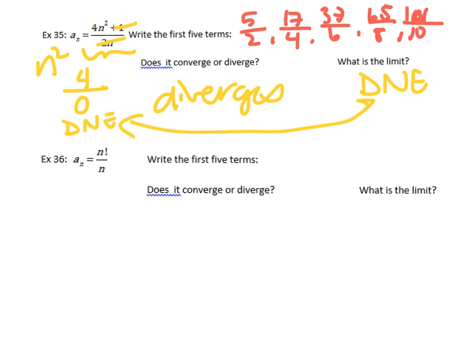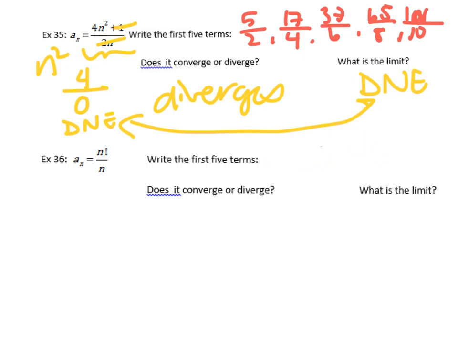Okay, so n factorial over n gives me 1, 2, 6, 24. Hold on. 5 factorial, 5. Oh, well, let me try those again.